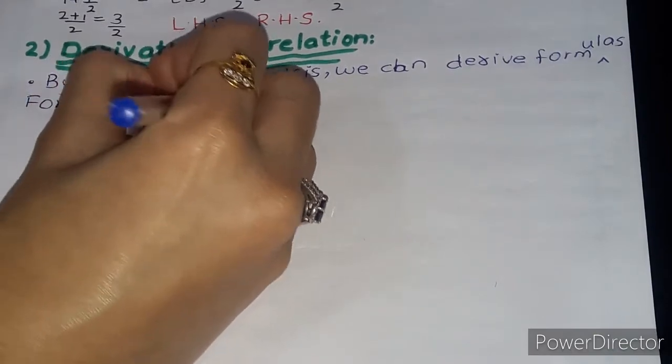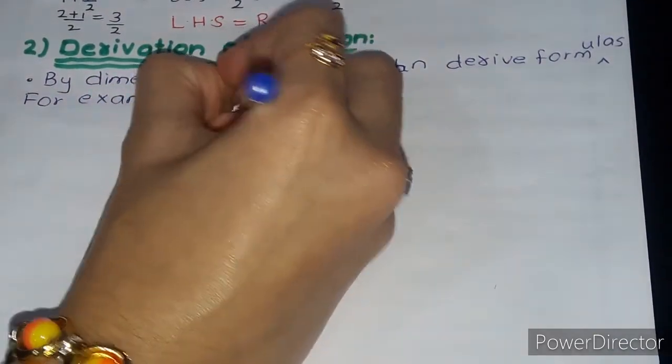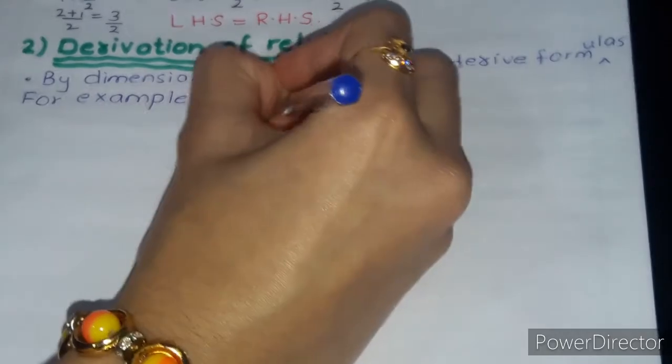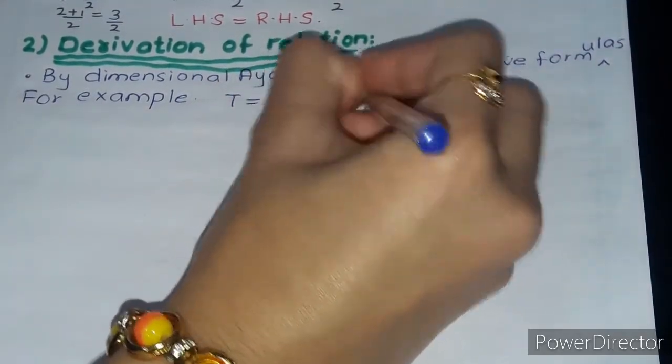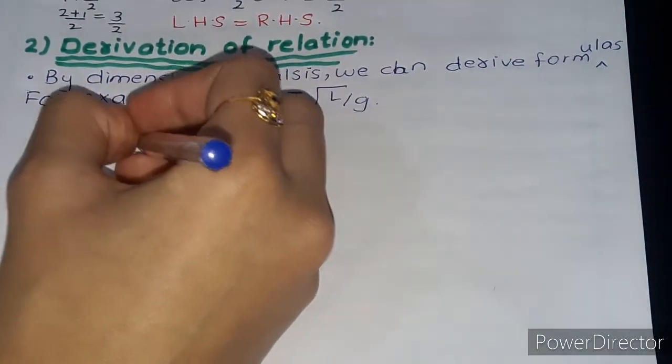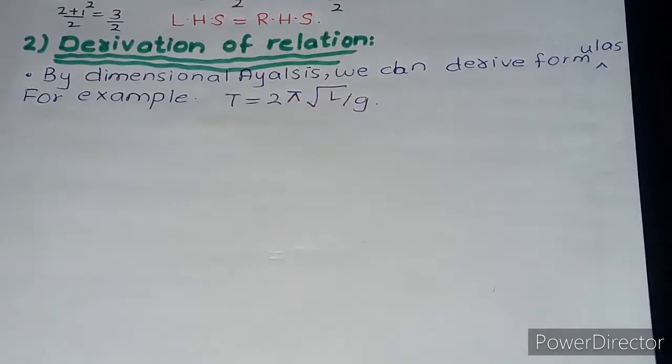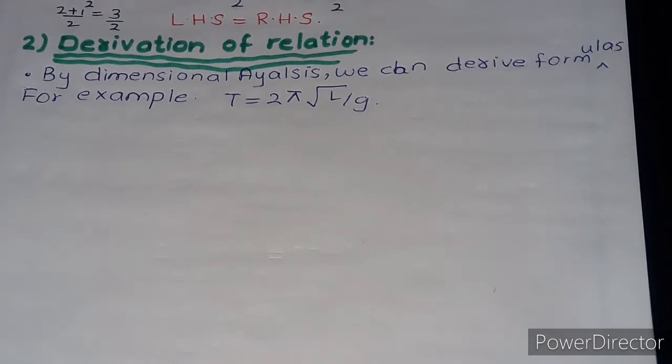For example, we derive the formula of time period, T is equal to 2 pi under root L over G. Now I am doing the solution of this to derive the time period of simple pendulum.